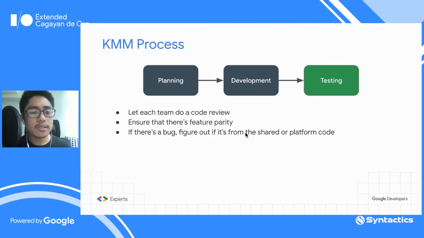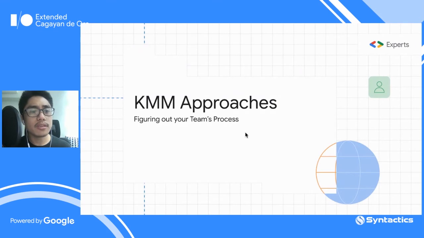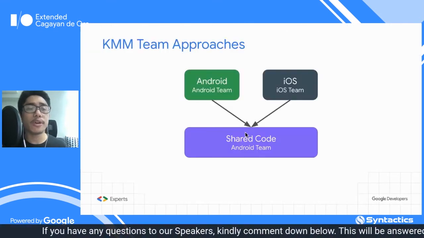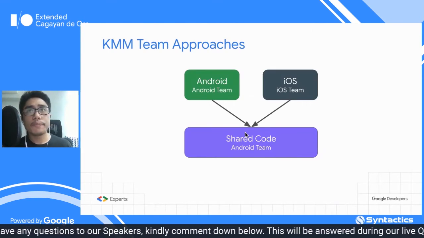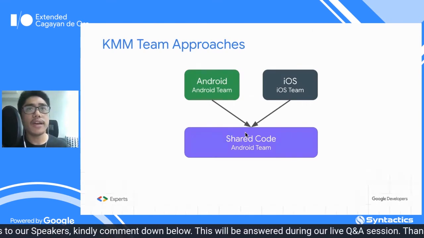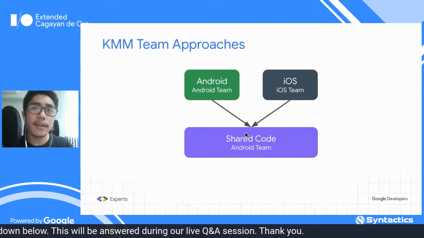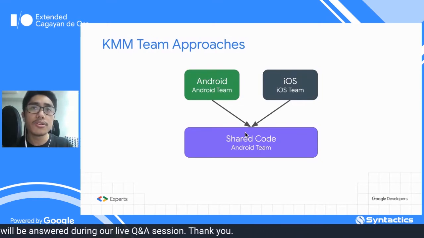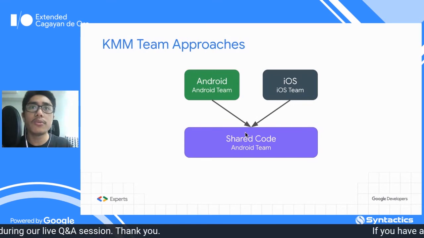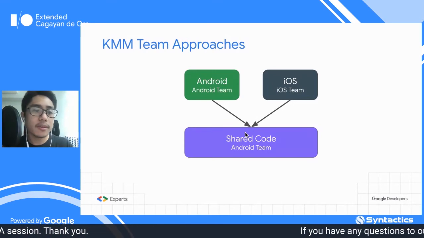So this is just a simple process. Now, KMM approaches: there are also different approaches with team composition. Since you have both native Android and iOS teams, the common path is to have your Android team manage the shared code. Since they're already in the Kotlin world, it's a no-brainer.